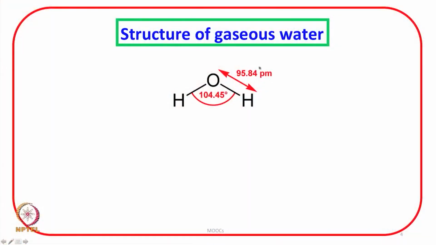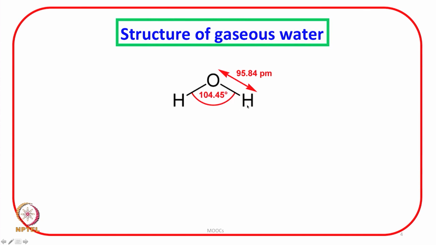Structure of a single water molecule, if I say the gaseous water. This structure is taught at class 11 or class 12 level, that there are two covalent bonds.